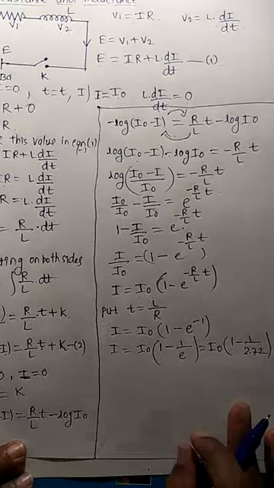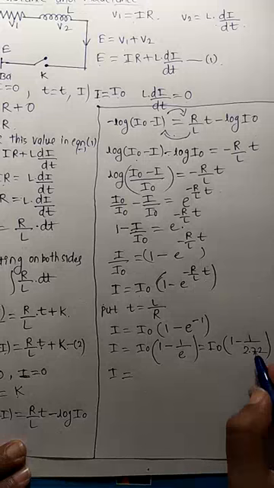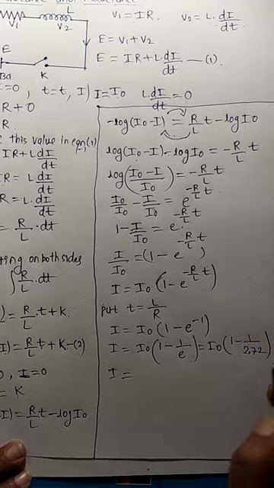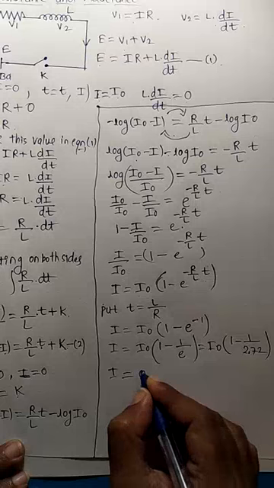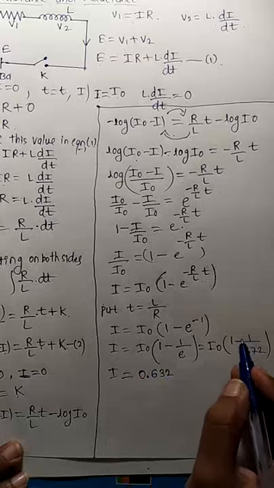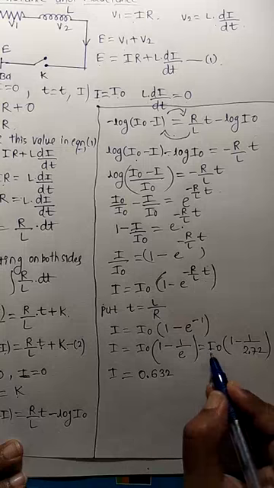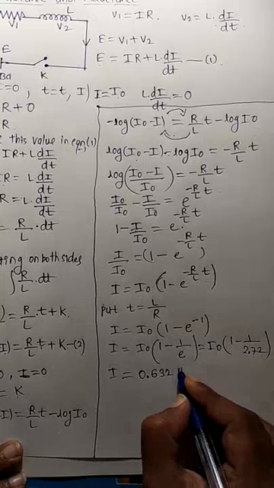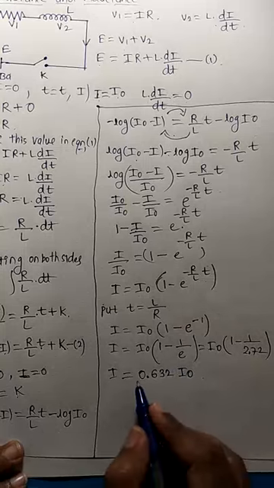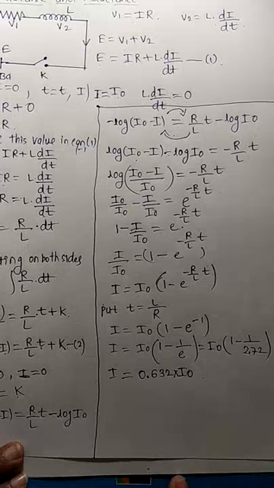So if you make this calculation, 1 minus 1 divided by 2.72, you get approximately 0.632. What is remaining? I naught, isn't it? So we got I is equal to 0.632 into I naught.